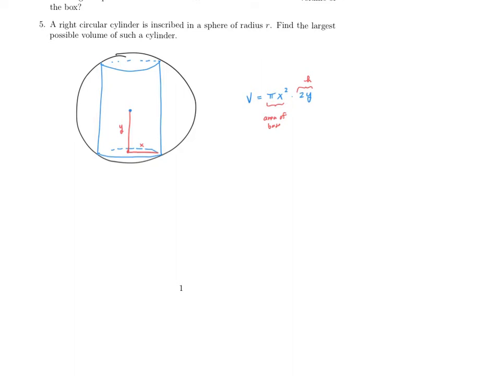And that key fact that we have yet to use is that the radius of this sphere is r. And in our picture, if we add in that radius of r in the right spot, we have a right triangle. So we now very clearly have this relationship. The Pythagorean theorem tells us x squared plus y squared is equal to r squared.